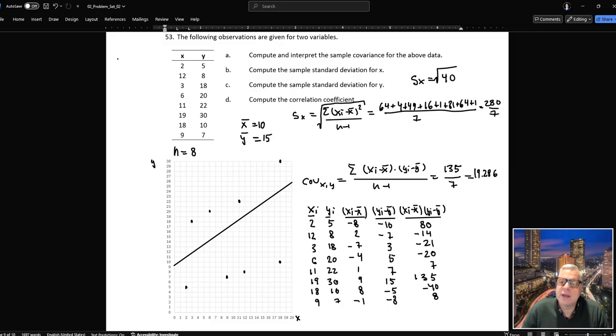Okay, so now let's calculate the standard deviation for y. So we just need to replace the x by the y, so I'll just skip that.